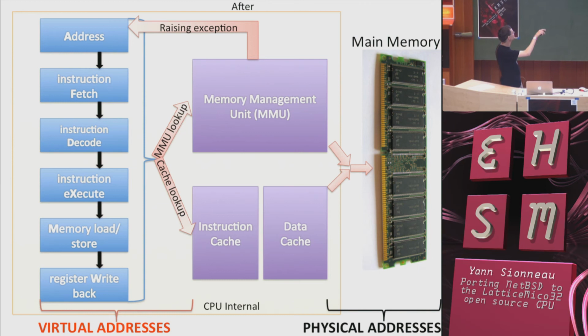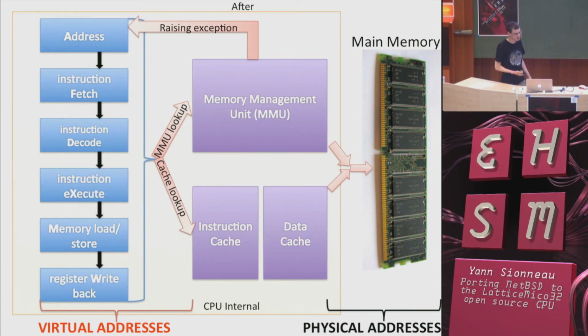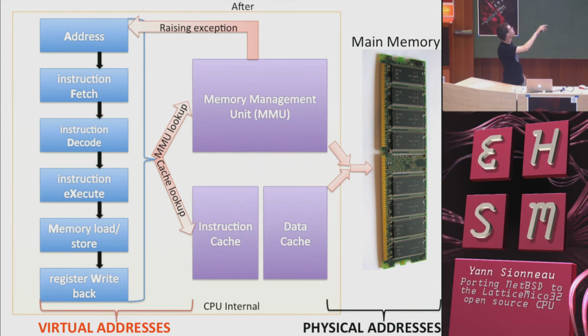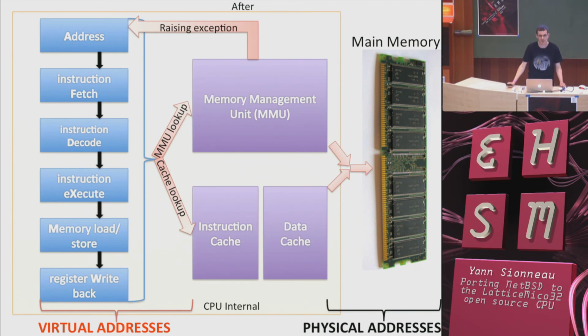But then, in the caches, if you want to be able to tell if the cached data corresponds to what you're looking for, you need to tag using the physical address. So here it's VIPT, virtually indexed, physically tagged. Here it's VIVT, virtually indexed, virtually tagged, to allow for simultaneous lookup and not lose time and be efficient. Does it answer your question? Okay.